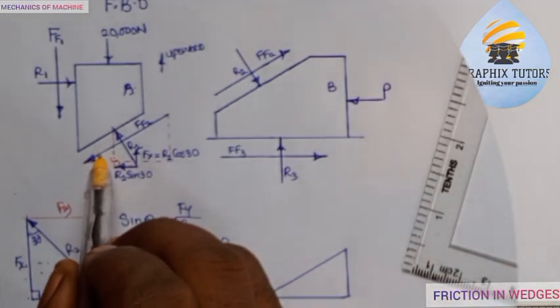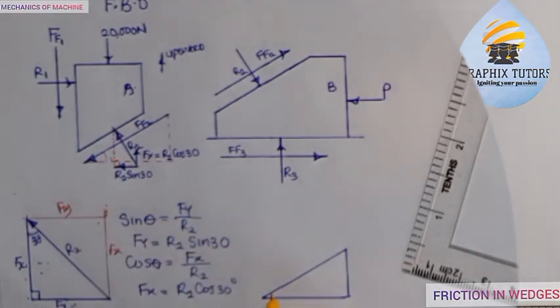So the angle will always be at the edge here. This is theta. So meaning here is 30 degree, right? And here will be my 90 degree where they are meeting. So because this is 30 and this is 90, here will be my f of x and here will be my f of y. This point here, which is the arrow acting in this direction, will be the frictional force 2.